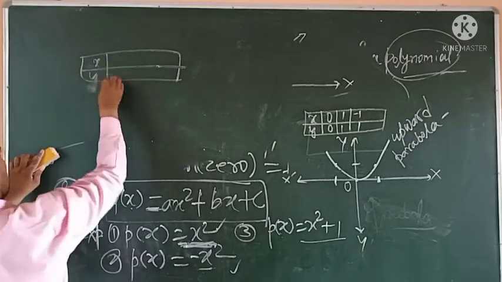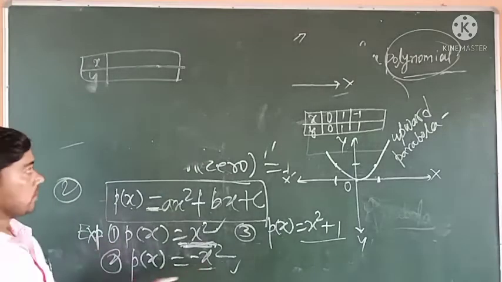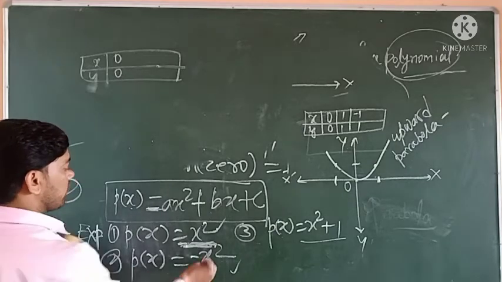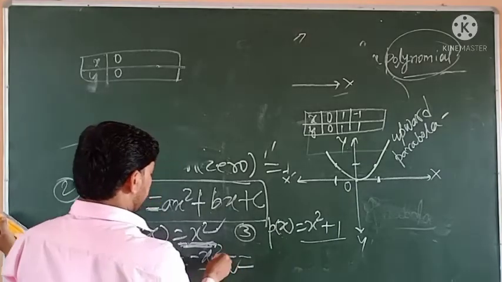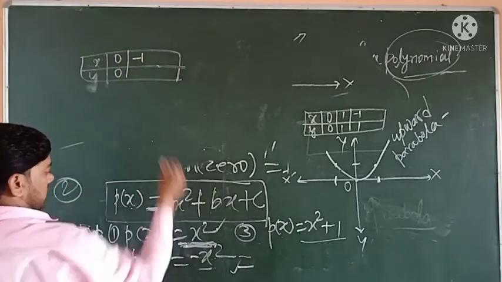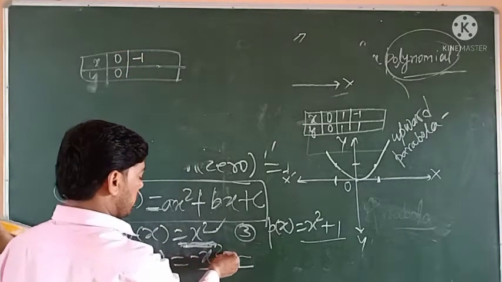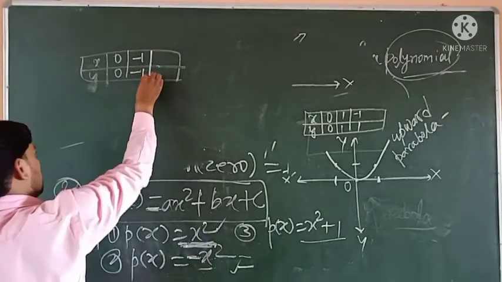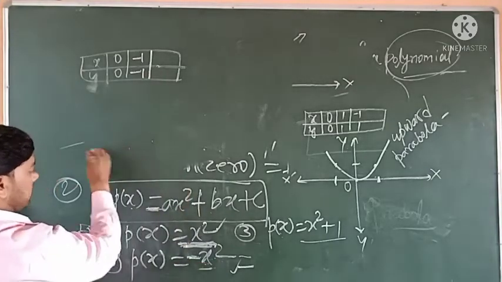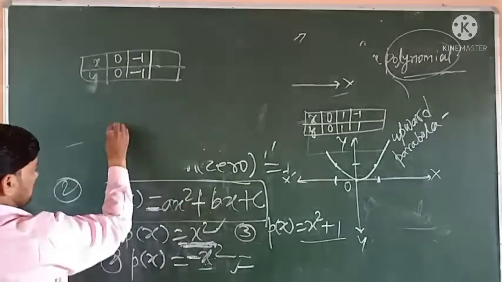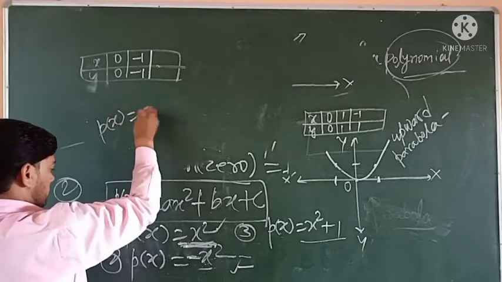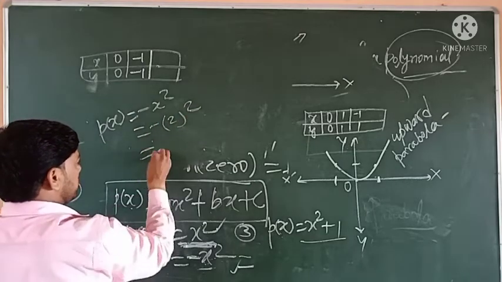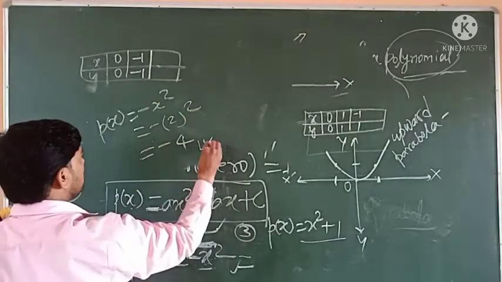X, y. If x is equal to 0, y is 0. If x is equal to minus 1, then minus 1 square is plus 1 and with the minus sign it is minus 1. If x is equal to 2, y is equal to minus x square, so 2 square is 4, y is minus 4.